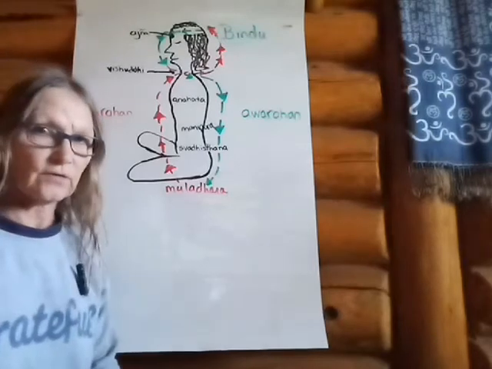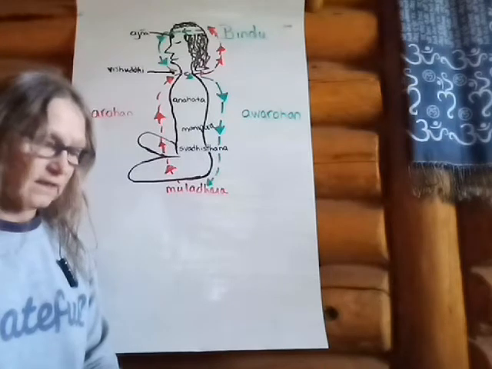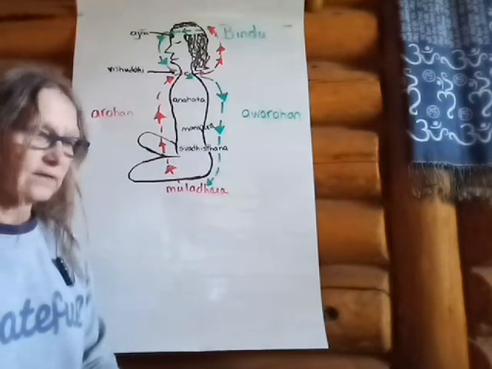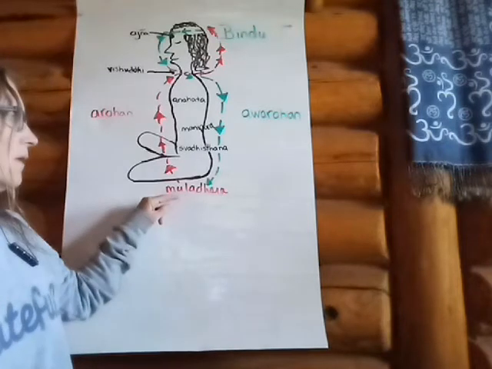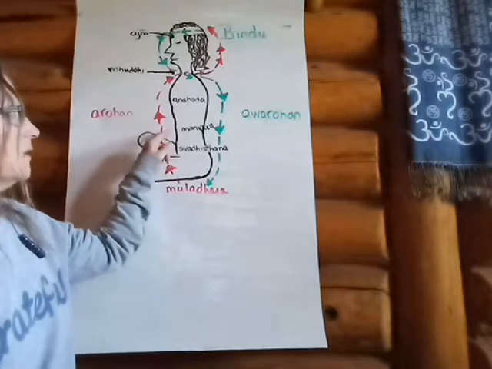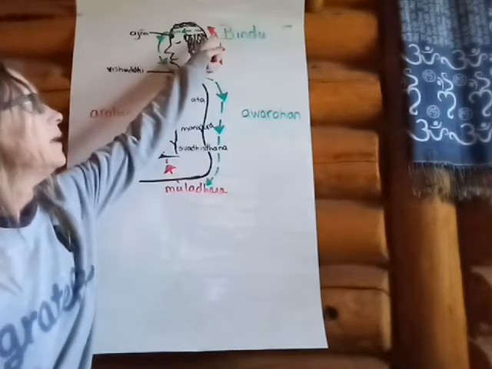So let's just take a few breaths, and the movement of the head goes with the breath. The inhalation is all the way up to Bindu, and the exhalation all the way down to Muladhara. Okay, inhaling, Muladhara, Svadhisthana, Manipura, Anahata, Vishuddhi, Bindu.